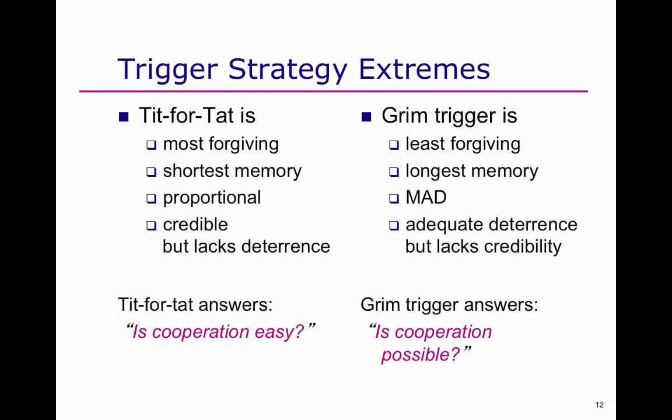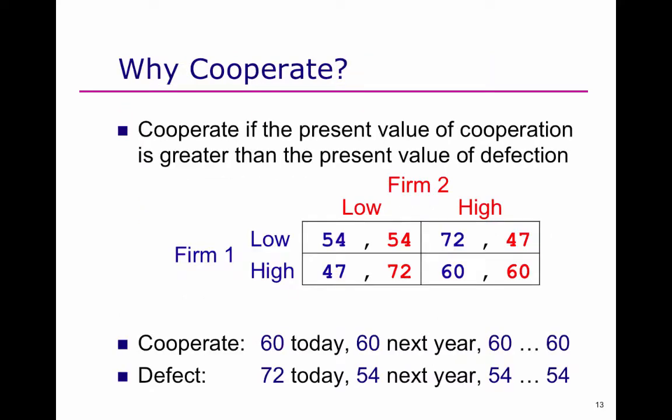You are setting things to what we could call a mean average deviation. And it actually is an adequate deterrent, but it lacks credibility. No one wants to harm themselves forever in this cheating mechanism where things are worse off for me. The tit for tat answers the question, is cooperation easy? And the Grim trigger answers the question, is cooperation possible?